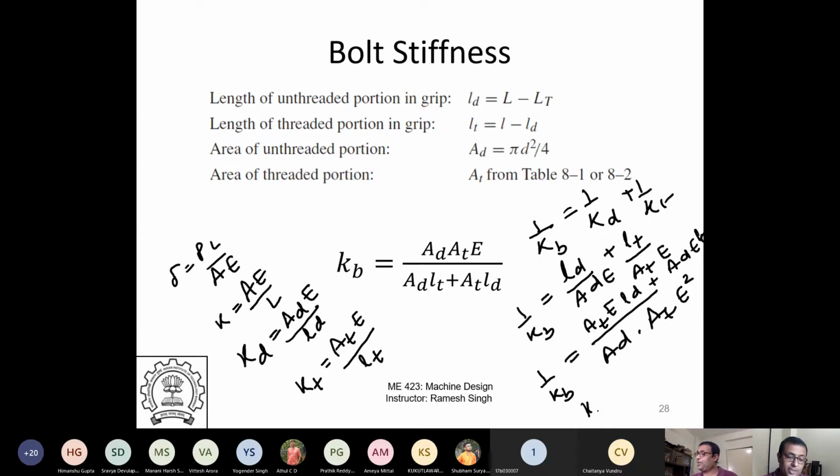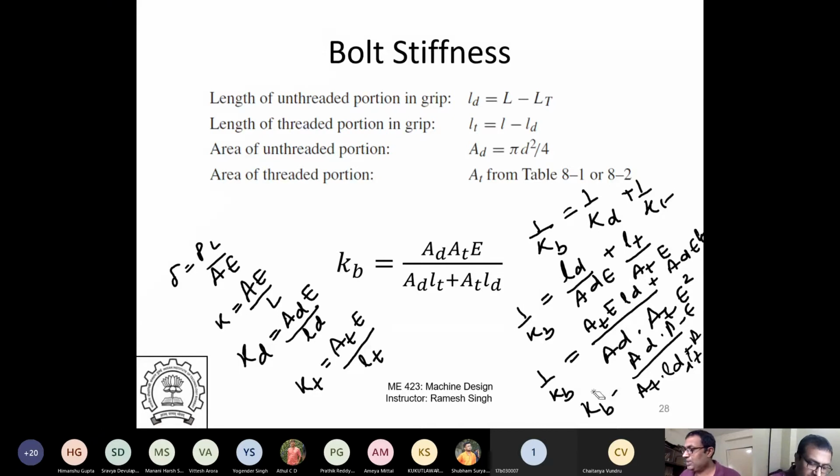So KB will be equal to AD AT E divided by AT LD plus AD LT. So this is what you get for the stiffness of the bolt.